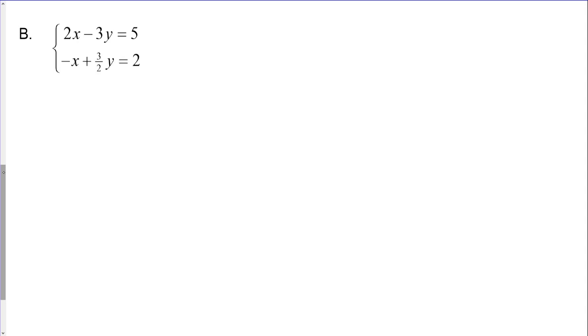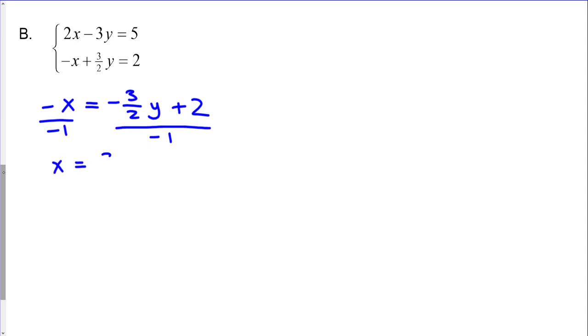So x is equal to negative 3/2 y plus 2, once I subtract the term 3/2 y over. Then I divide everything through by -1, so x equals 3/2 y minus 2.